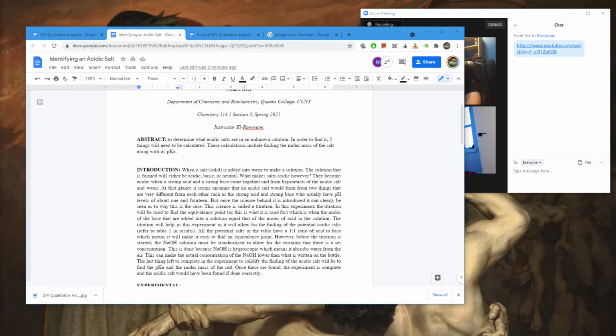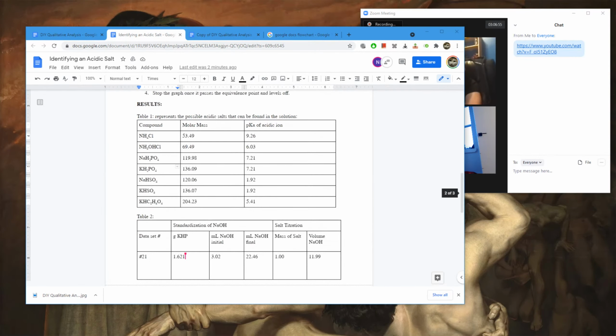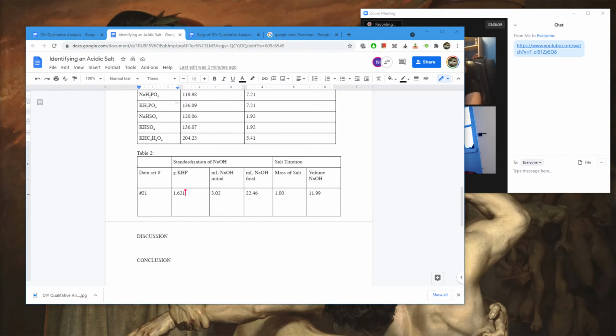So solution. All right. So what made salts acidic? I already wrote that down. We know why. Now we're using a titration, equivalence point, and endpoint for finding the equivalence. So basically, what we're going to start with is salt titration.